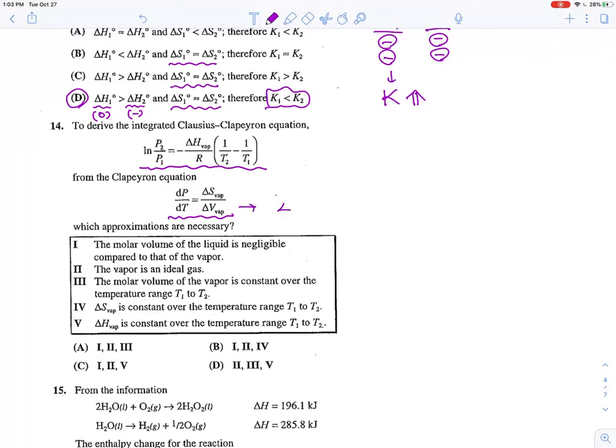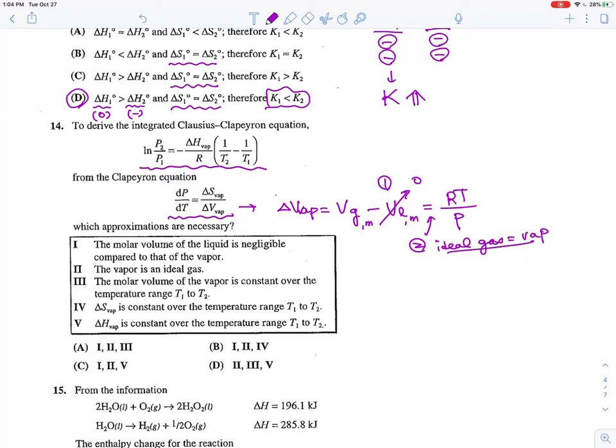One is that the volume change for vaporization, which is the gas volume minus the liquid volume, we are going to neglect; the gas volume is RT over P. So this is usually the molar volume, so I'll just say the molar volume. The second assumption is that the vapor is an ideal gas.